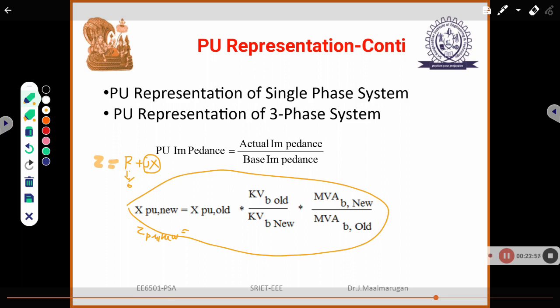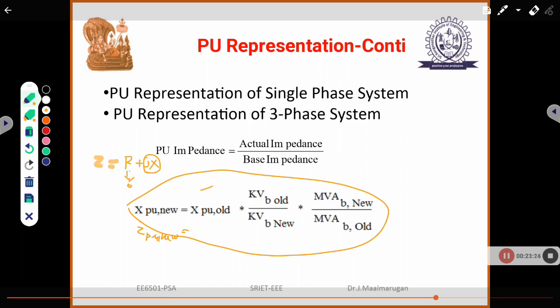So we convert all the power ratings to a common MVA base. X per unit new is equal to X per unit old into kV base old divided by kV base new, into MVA base new divided by MVA base old. This is a very important formula. Keep it in mind.